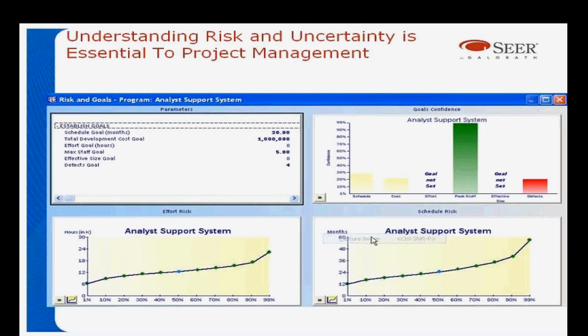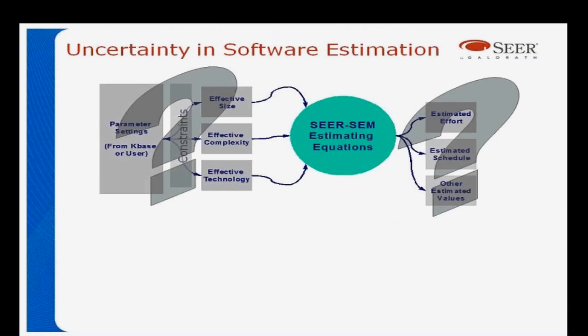So looking at these things gives you the ability to understand if this is a viable program plan, and if you need to go back and redefine the program, or if you need to go educate the stakeholders, or if this program needs to be killed. And uncertainty involves looking at the best cases, likely cases, worst cases, and running statistical analysis, which is done inside of SEER.